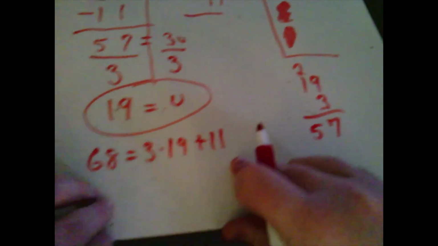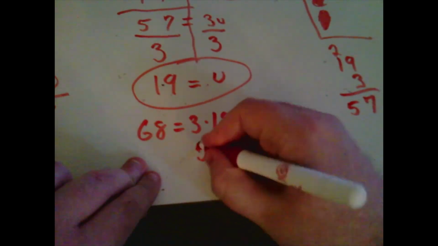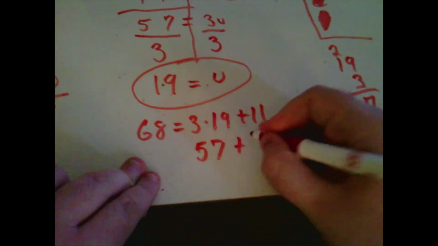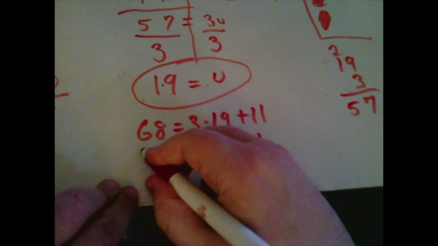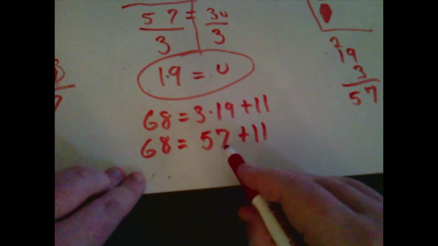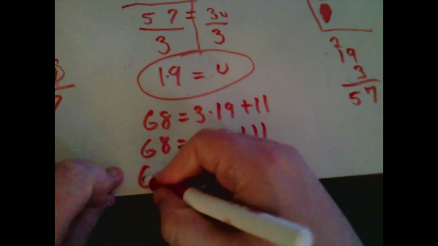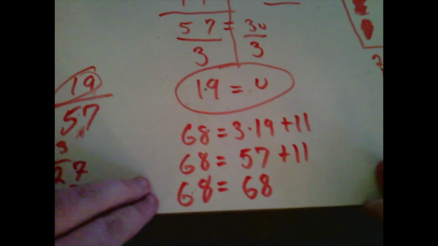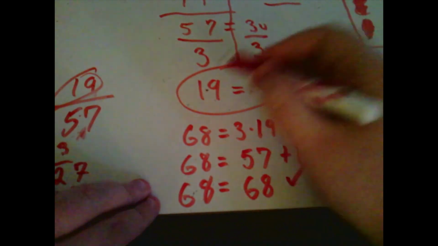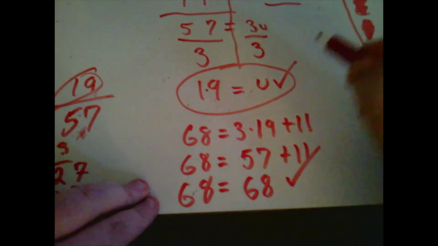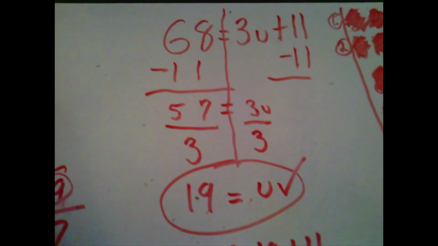All right, so we did that correctly. This is 57 plus 11. All right, 57 plus 11, 68. 68 does in fact equal 68. Thus, we know that 19 does in fact equal u. All right, thank you.